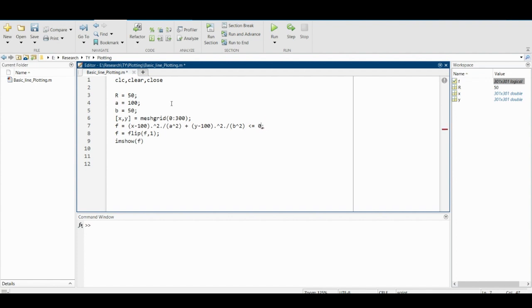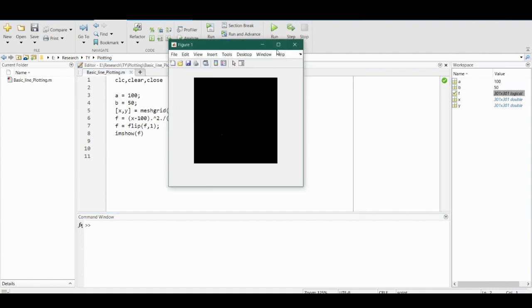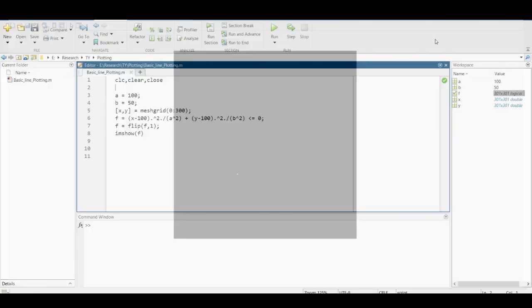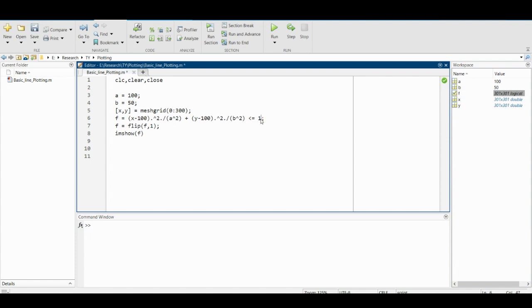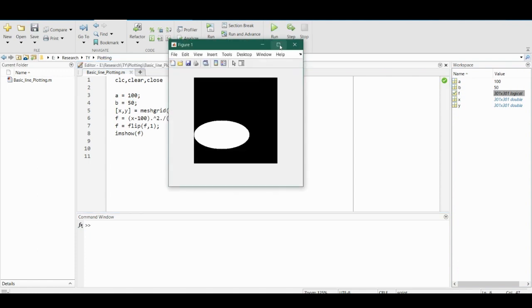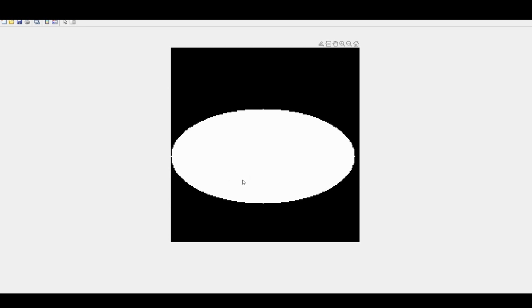There is no r now, it's not needed. This is an ellipse. Wait a second, something is wrong. It should be less than 1, not 0, 1. Yep. Okay, that's the thing. So this is your ellipse.